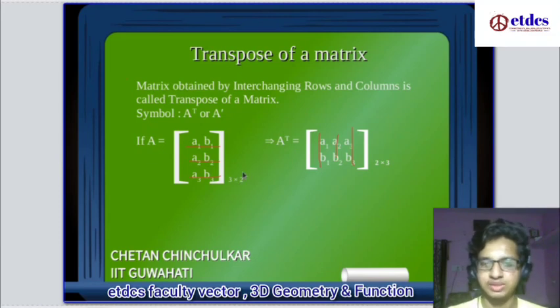The interesting part is that the dimensions get interchanged: we had 3 cross 2 in the original matrix, and the transpose has dimension 2 cross 3. The symbol for the transpose can be either A T or A prime.